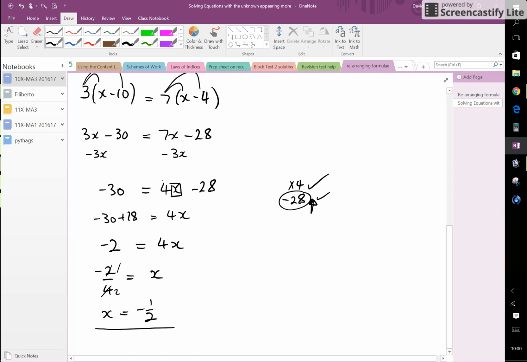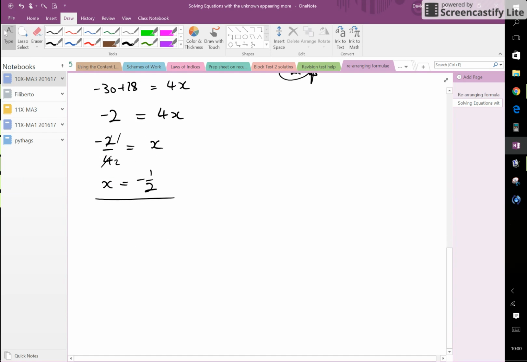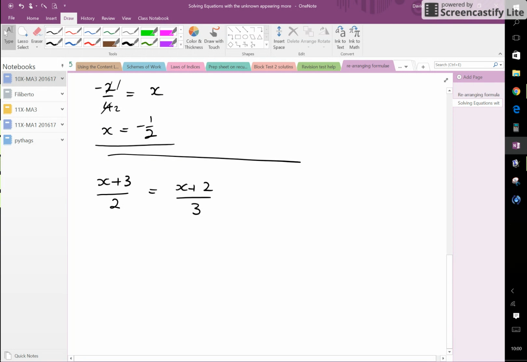So if we get an x appearing more than once, we're going to need to do something to gather the x's together. Let's look at a harder example. Let's look at something like this. The first thing you might notice here is that we've got fractions and we've got x's appearing more than once.